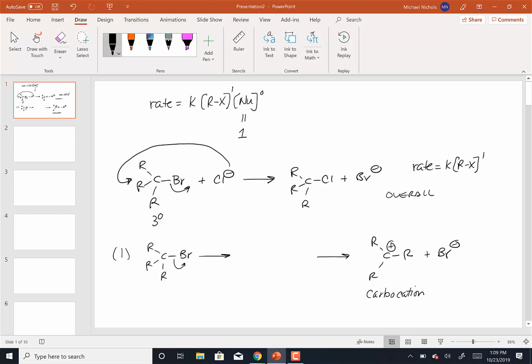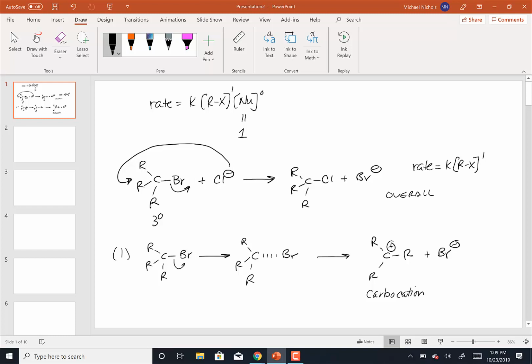The first thing we have to do is write this structure showing what bond was broken or made. In this case, it's the carbon-bromine bond that's being broken, and that needs a dotted line. So in the transition state, between the reactants and the products, I have a partial carbon-bromine bond because the carbon-bromine bond is breaking. Okay.